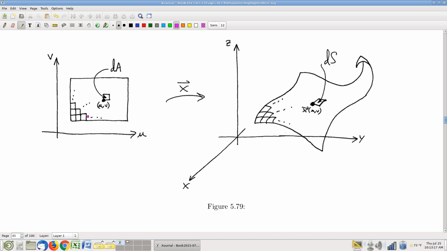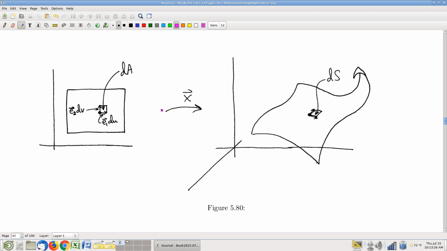And this is going to look a lot like a calculation we've already done, by the way. Y'all remember with change of variables? We argued that you can understand this little piece of area by understanding its edge vectors. Those edge vectors represent changes in the output, and they are changes in the output that come from corresponding changes in the input over here.